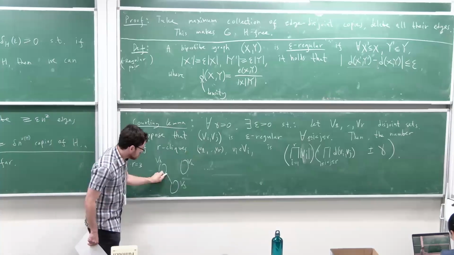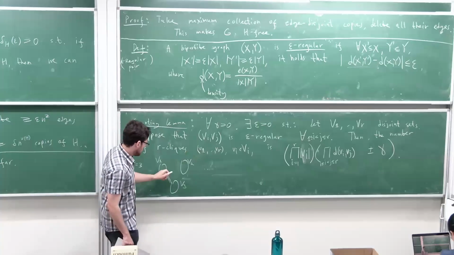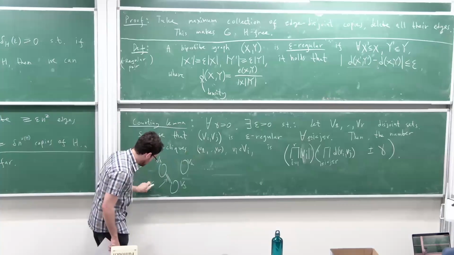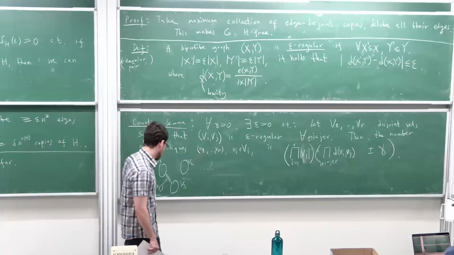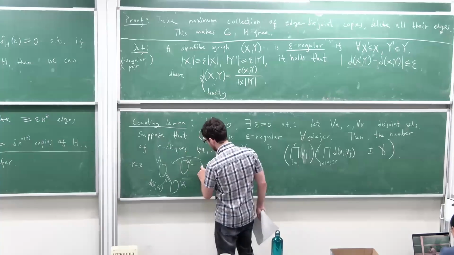Imagine that I choose these edges at random. So imagine that I chose here the edges at random with probability d(V1, V3). So that's the edge probability I'm using. And here I use d(V1, V2).